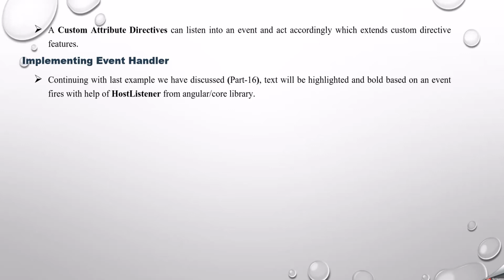But this effect should take place when I put the mouse on the text, and it should simply go away when I move the mouse out of the object. That's my intention here, to show how an event works and why an event is required.